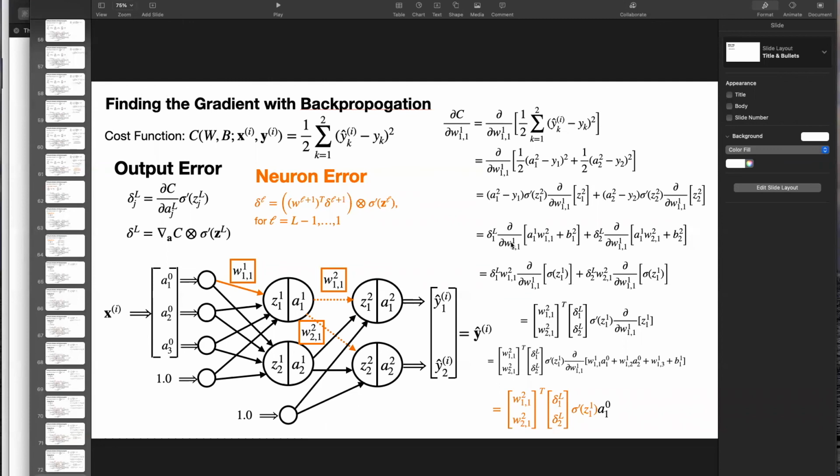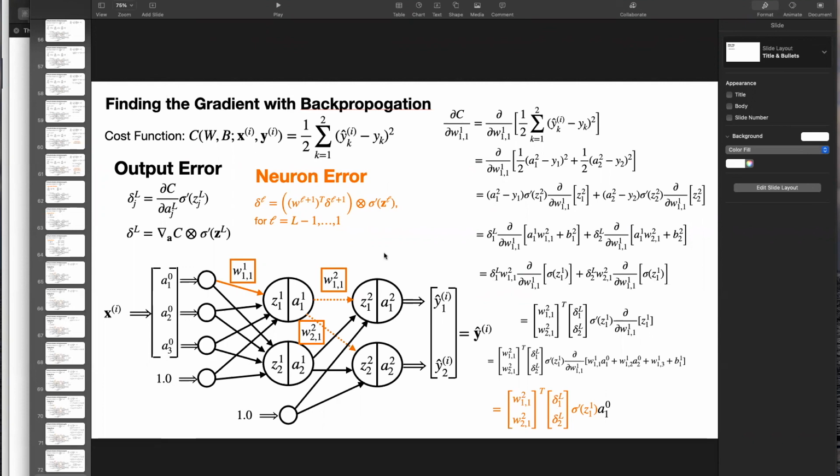So output error was the very last one, and then we have neuron error. Okay. And the neuron error is written in terms of the next layer's errors, right? We see that right here. So these are the next layer's errors, in that column right there.